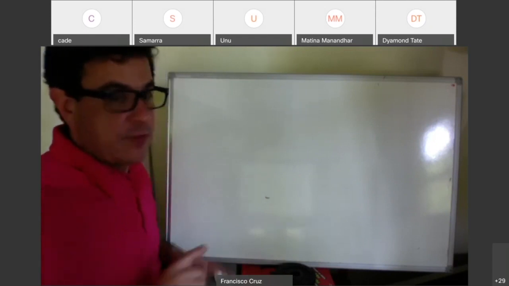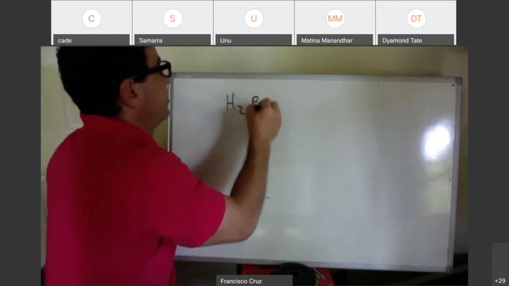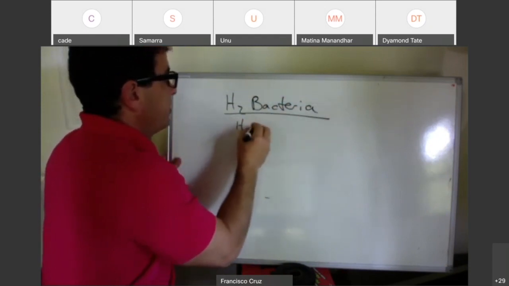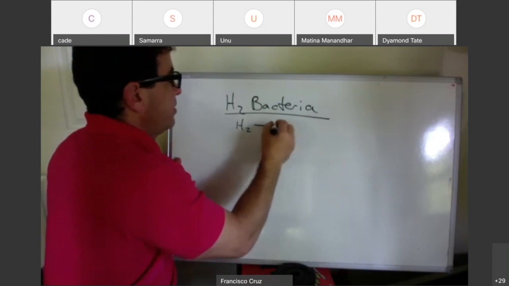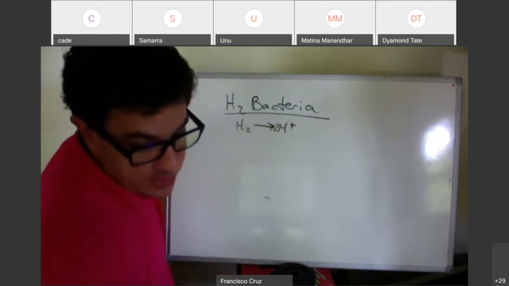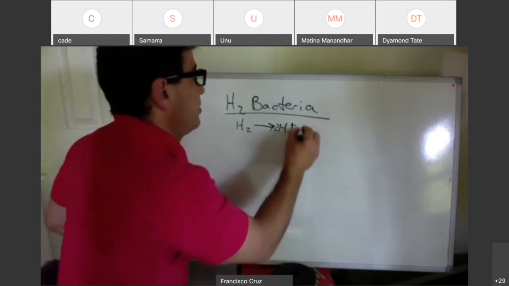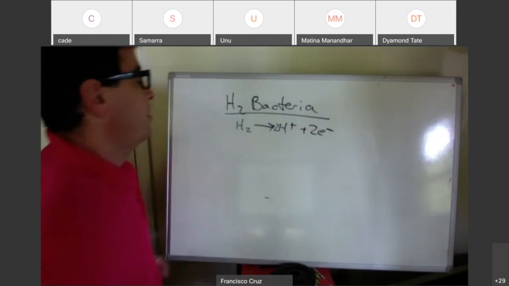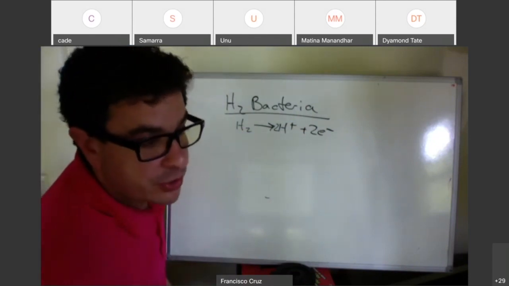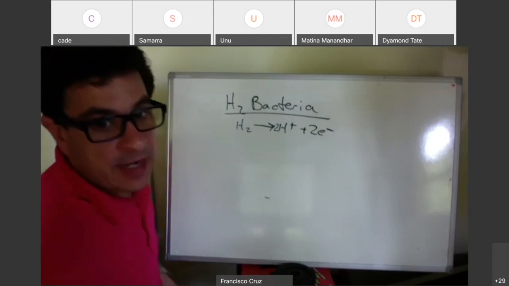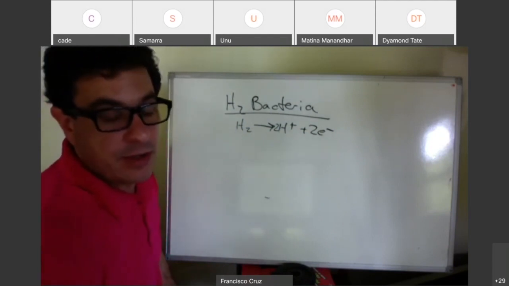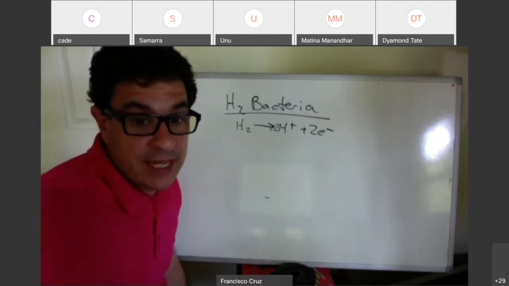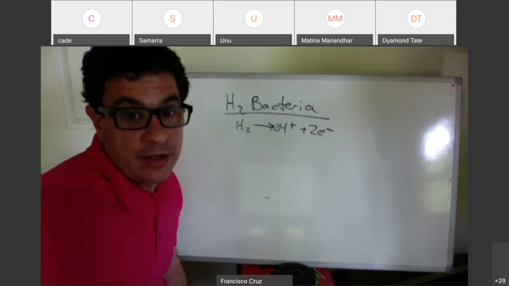Okay, before we go, H2 bacteria, if you have something that does that, then conceding that your electron donor is not organic, and that you need to fix your carbon yourself, that means you're going to require a way to do this.